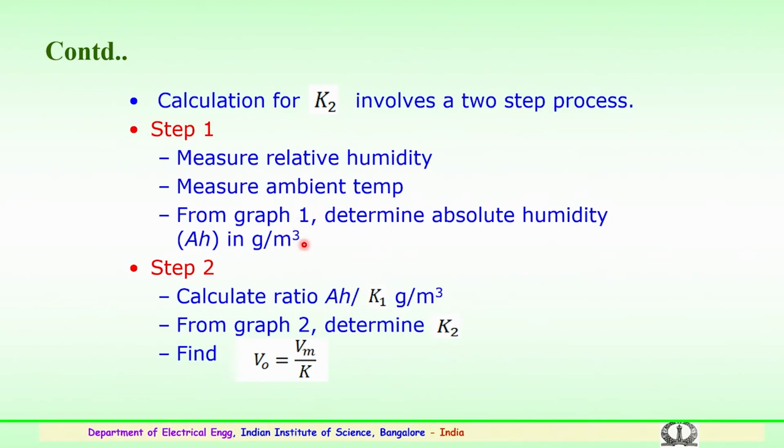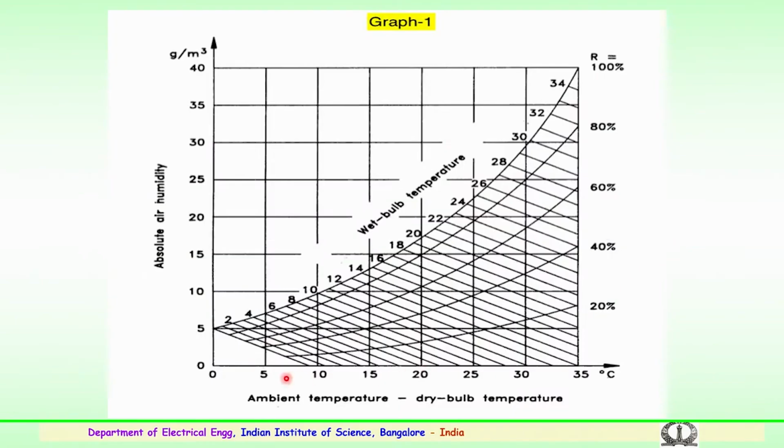So, going to graph 1 in the standard, we could determine the absolute humidity in grams per meter cube. This is graph 1 given in the standard, which gives the values of absolute air humidity in grams per meter cube on the y axis, and you can see the ambient temperature, that is the dry bulb temperature, on the x axis.